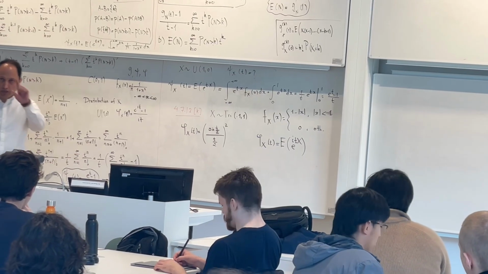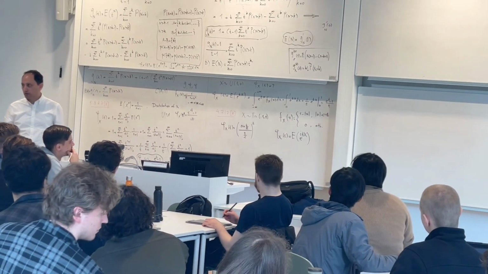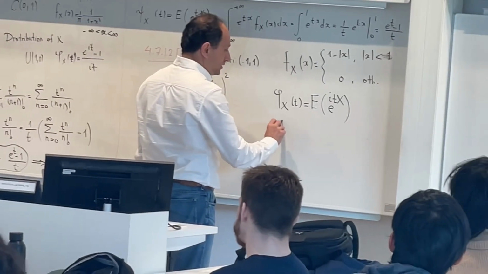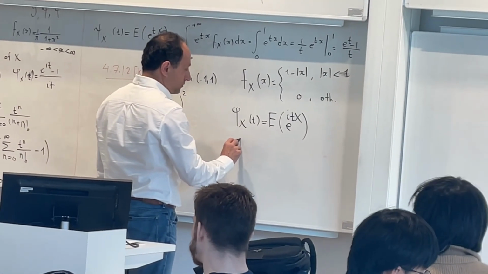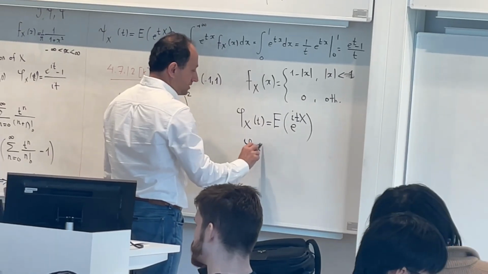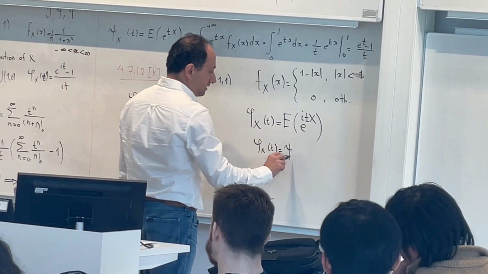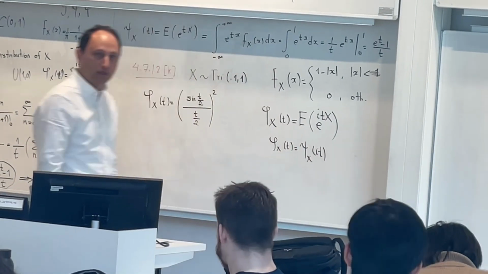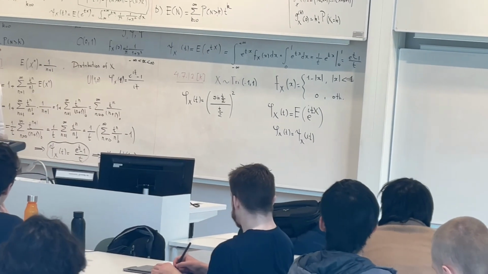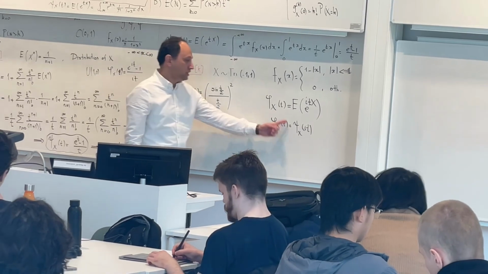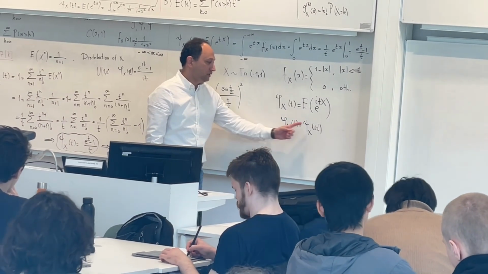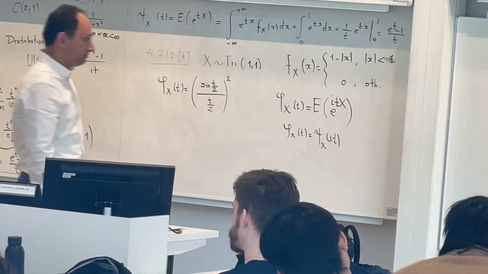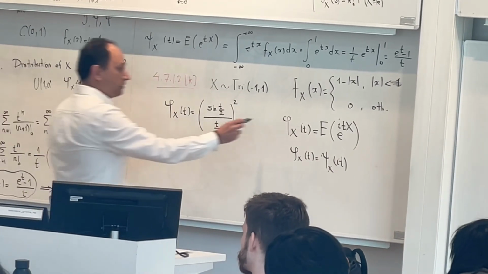It is i. i is the imaginary unit. i squared is minus 1. So in principle, if it works, you can write that phi x of t is psi x of it. Something like that. So that is why they have given you only this one in the table. Wherever you see it, take it out and put t, and you will get psi x. Anyway, that's the definition.